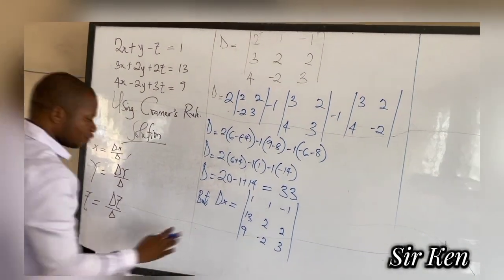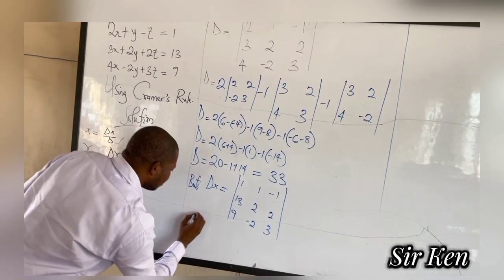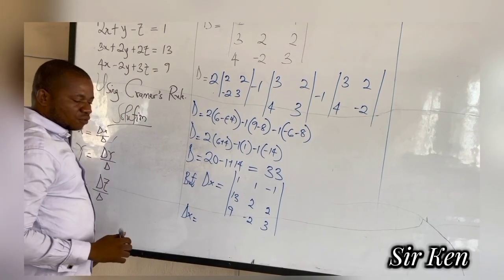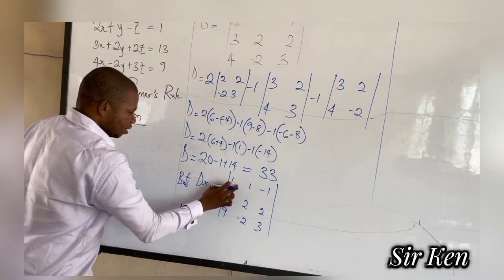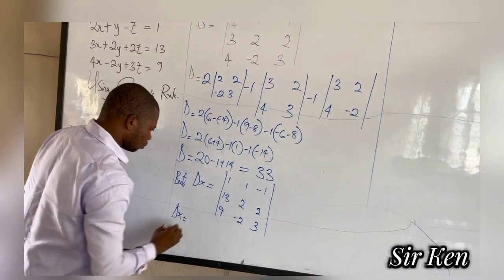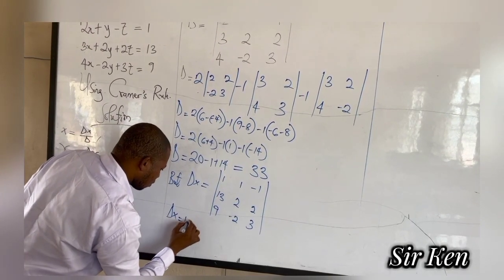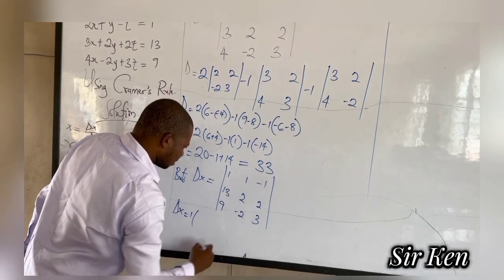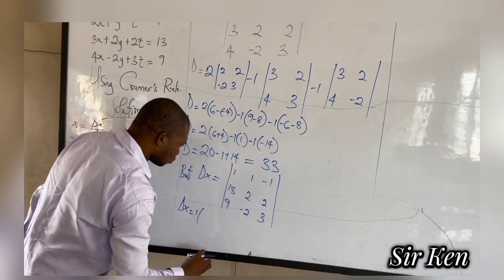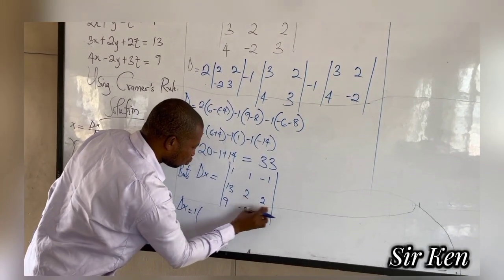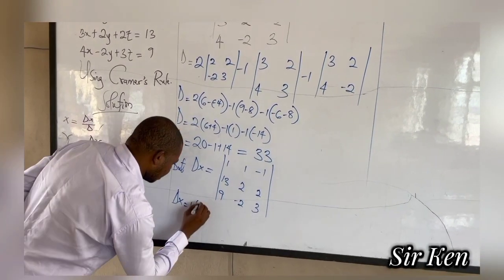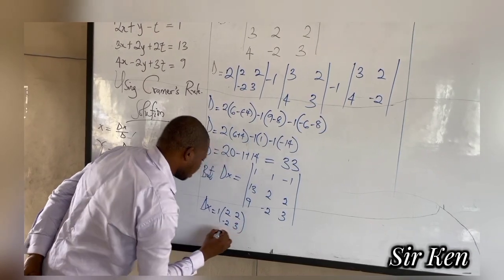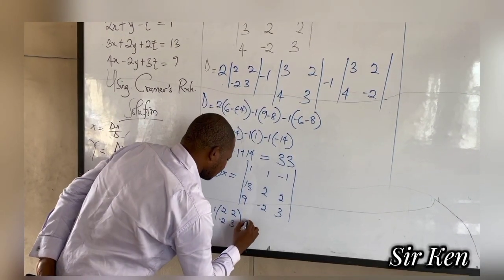So for us to get our dx, we'll find the determinant of what we have here. I'm picking the first row. This is 1, becomes 1 into, I'm cancelling this, because I'm dealing with 1 here. So I'm left with 2, 2, negative 2, 3. This is minus 1.